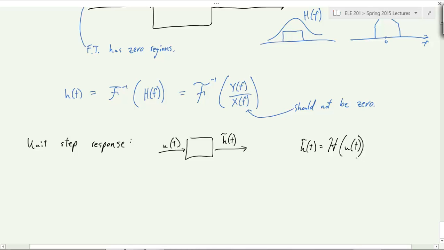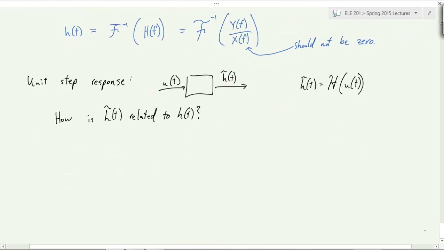Now, how is this related? I already mentioned before it's related through a derivative relationship, but let's derive that. It's very simple. How is it related to h of t? Here's how we'll see the relationship trivially. Notice that an integrator and a differentiator are inverses of each other.